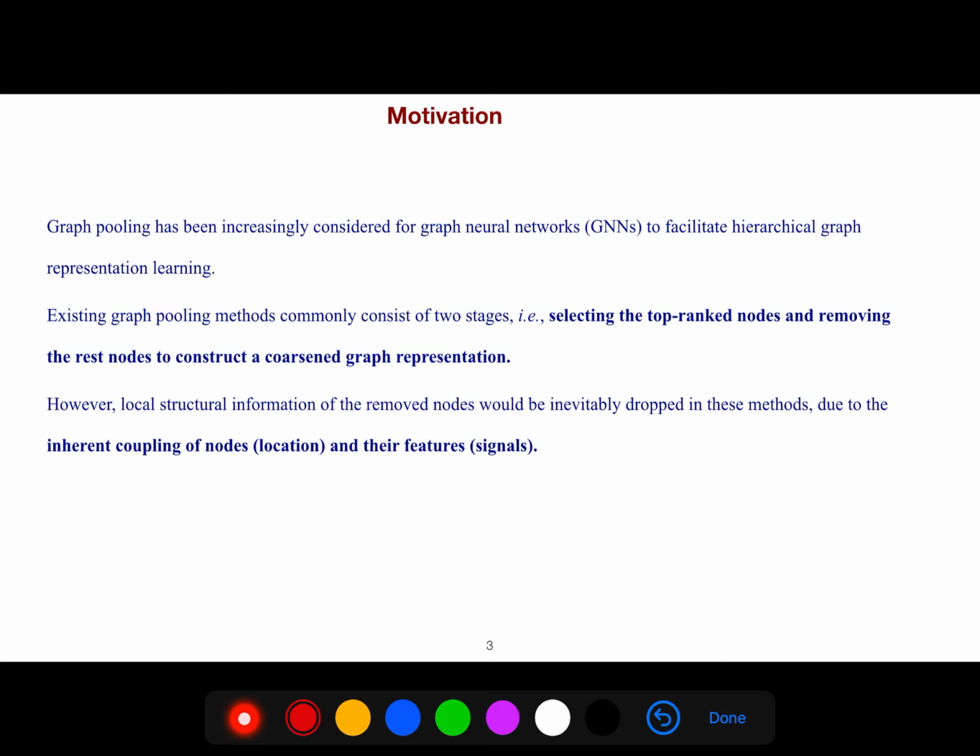Existing graph pooling methods commonly consist of two stages: selecting the top-ranked nodes and removing the rest of the nodes to construct a coarsened graph representation. However, local structural information of the removed nodes would be inevitably dropped in these methods due to the inherent coupling of nodes and their features.